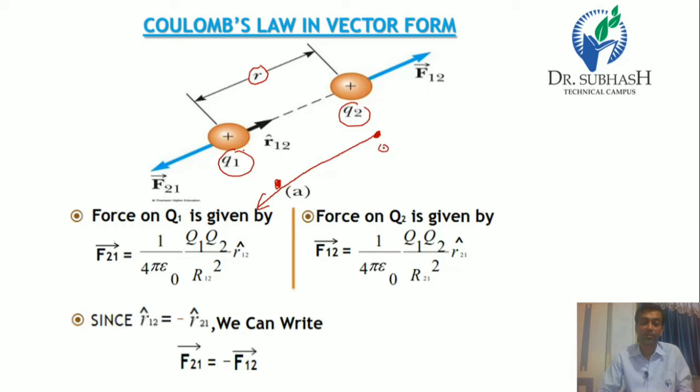This one is Q2, which is our source, and this is Q1, which is our destination. Then the distance between them will be r2 minus r1, or we can say r12.